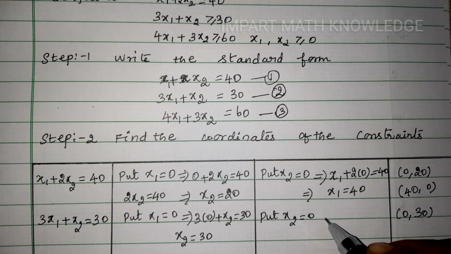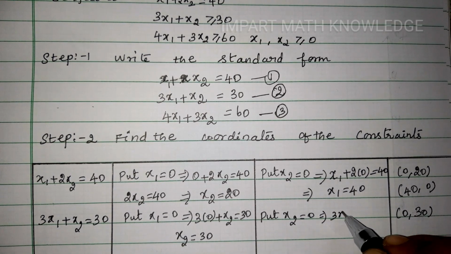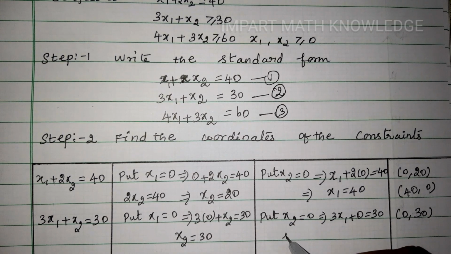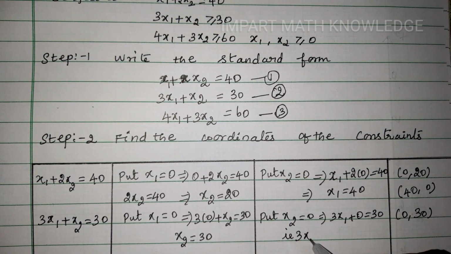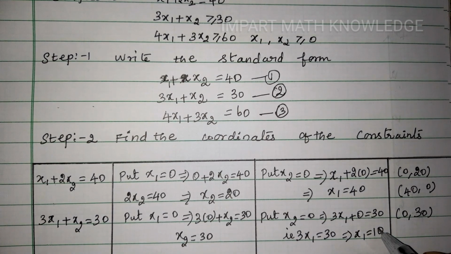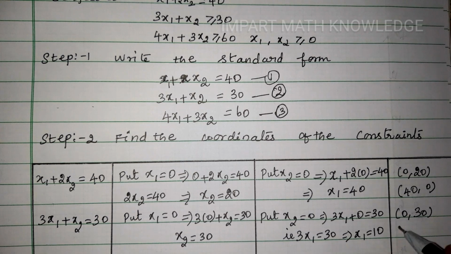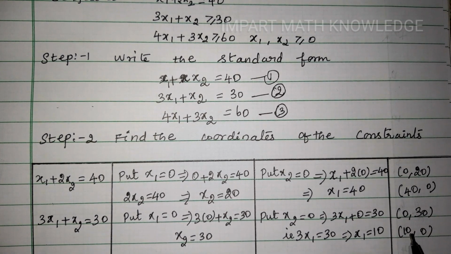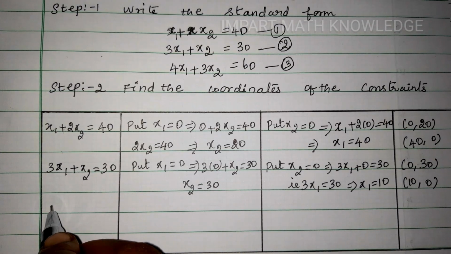So you will get 3x1 plus 0 is equal to 30. That is 3x1 is equal to 30, x1 is equal to 10. So the coordinate is 10, 0. For the second condition, the coordinates are 0, 30 and 10, 0.